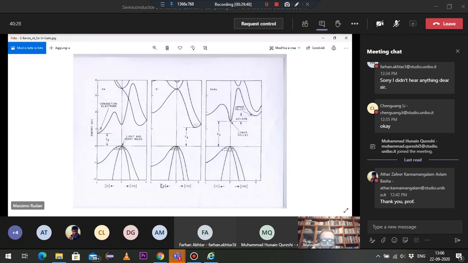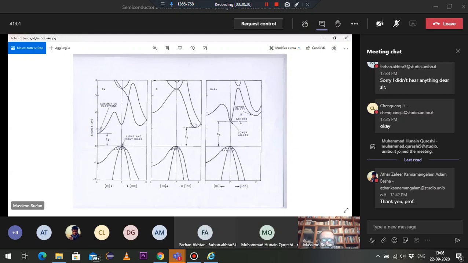The left part of the horizontal axis goes along the 1, 1, 1 direction. So it goes from the gamma point to the L point. So this is not simply one figure, it's two half figures put together to have a more compact description of the bands.